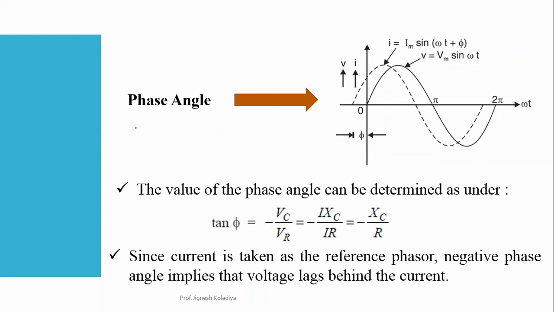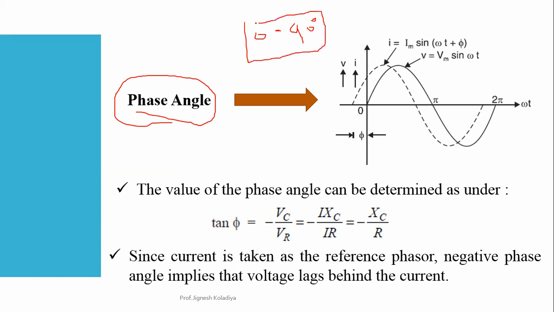So the phase angle, it's very clear. Again, we do not have 0 or 90, but due to the presence of capacitance and resistance, the phase angle is going to be in between 0 to 90 degrees.